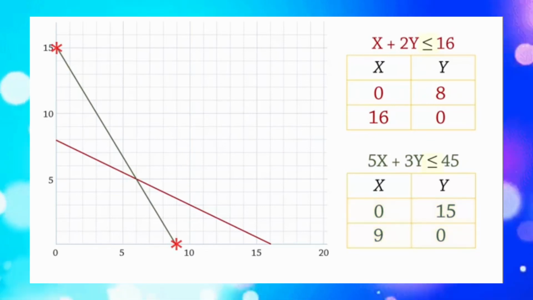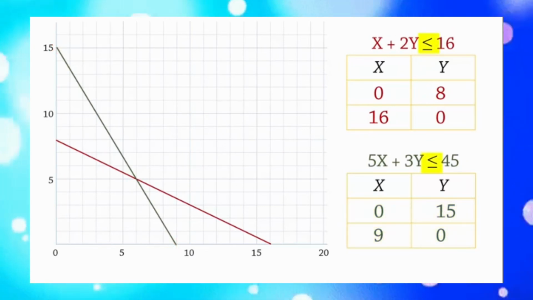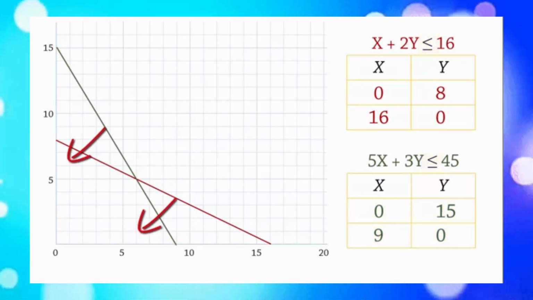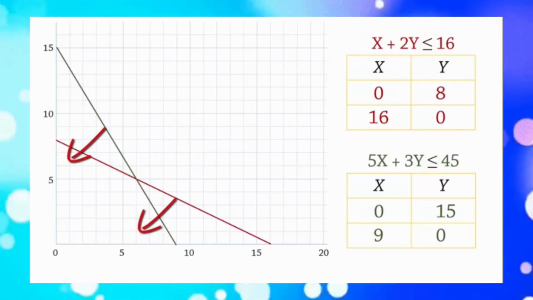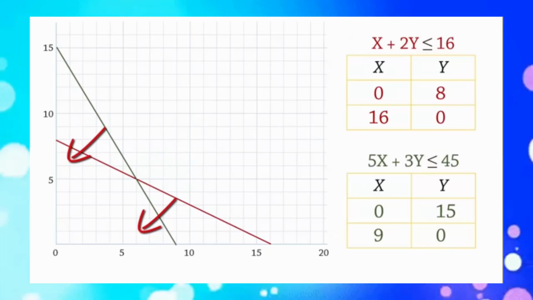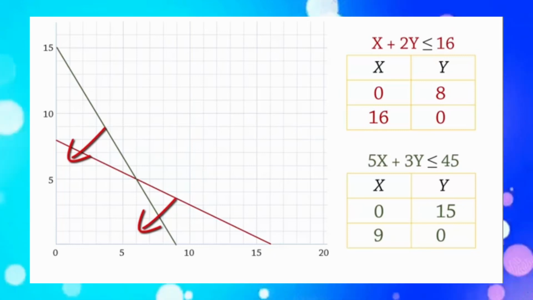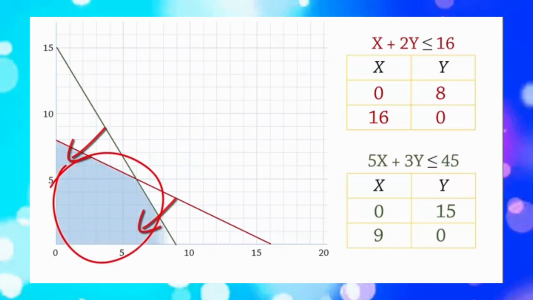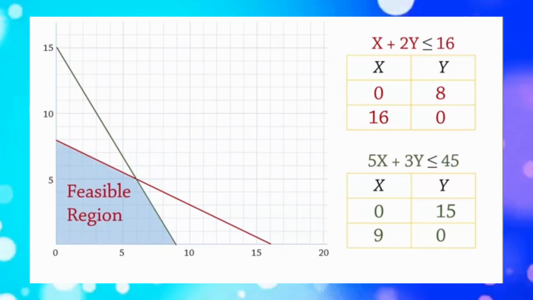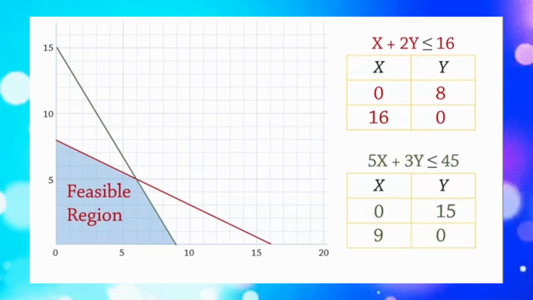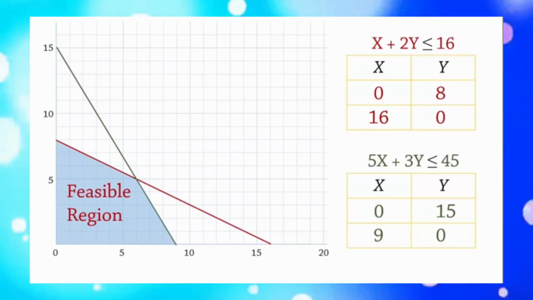Since these constraints are less than or equal to constraints, they will be satisfied in the region below the lines towards the origin. Therefore, the region satisfying both constraints simultaneously is this one here. It is called the feasible region. That is, any point in this region is a feasible solution.